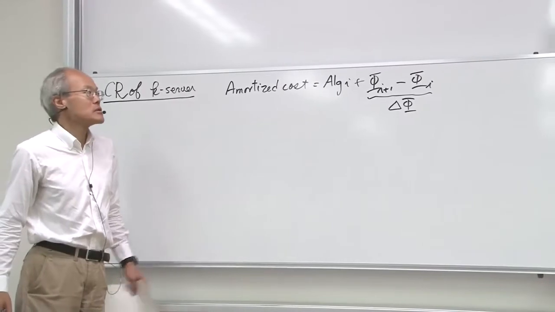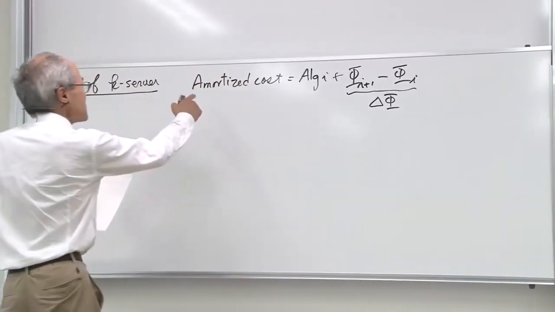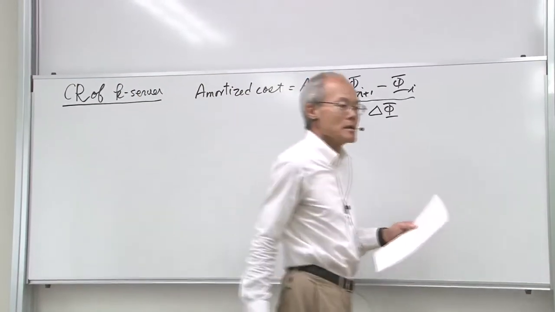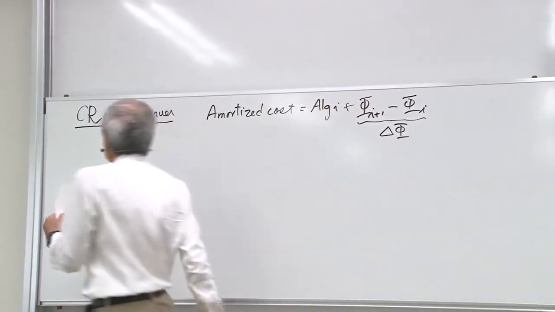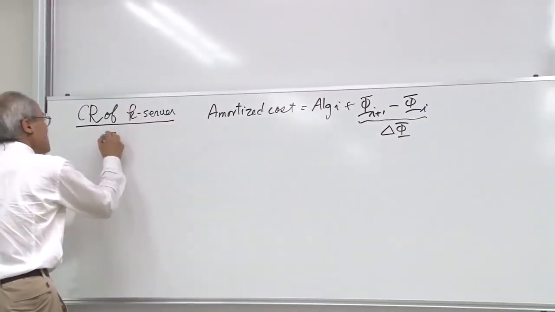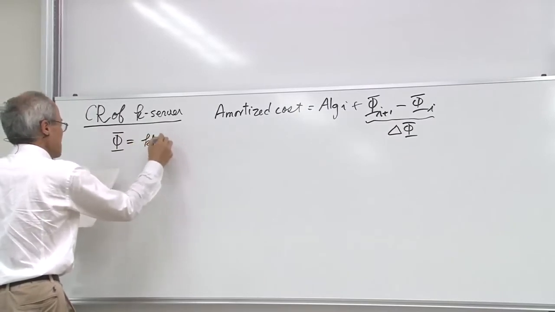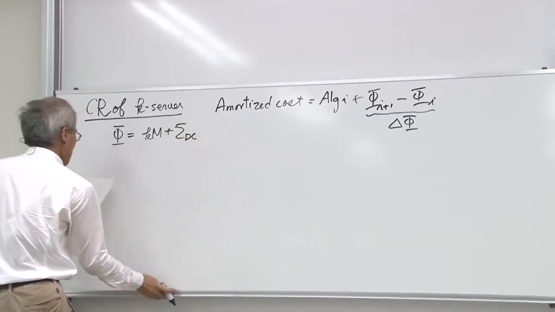This is the amortized cost. For this problem, of course, we need to select this function psi carefully. But in this case, we use this function. I'll show you.